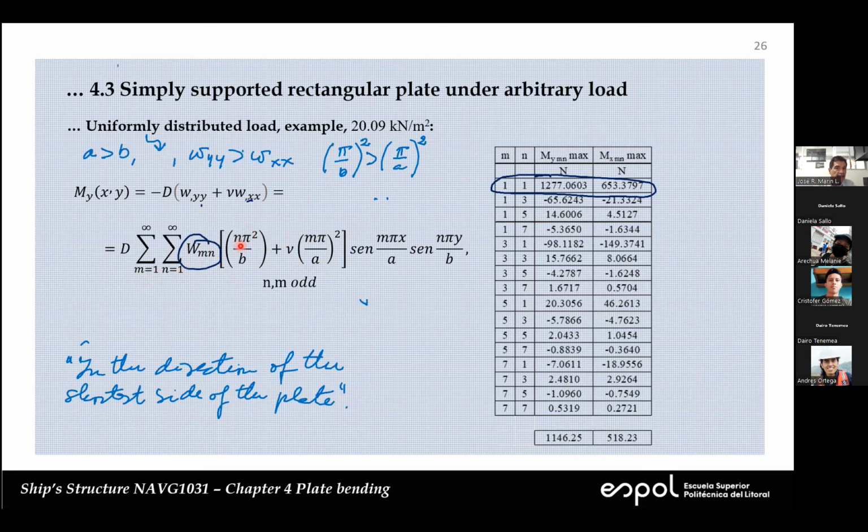But in this case, I have m and n in the numerator. So we can expect this combination to decrease because here I have m and n in the denominator to the fourth power. But they are multiplied by m and n to the second power. So in general, we expect to decrease, right? But not that fast as in the case of the deflection. Okay, and that's what we have here.